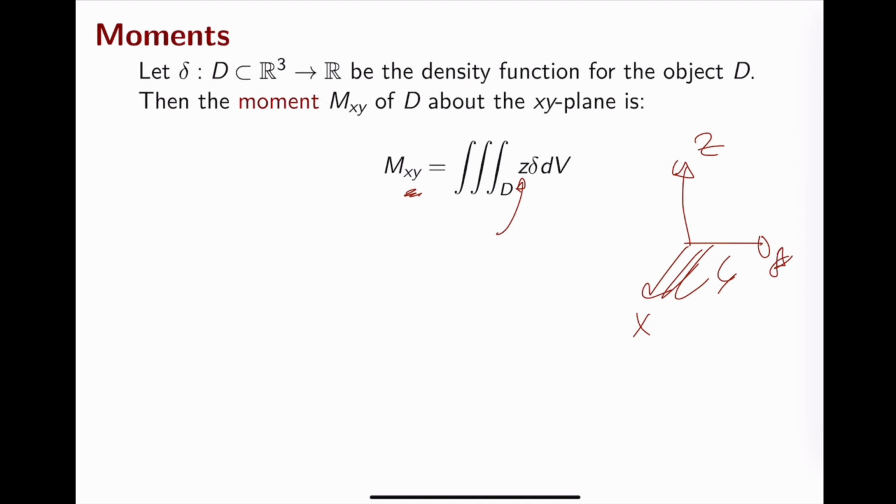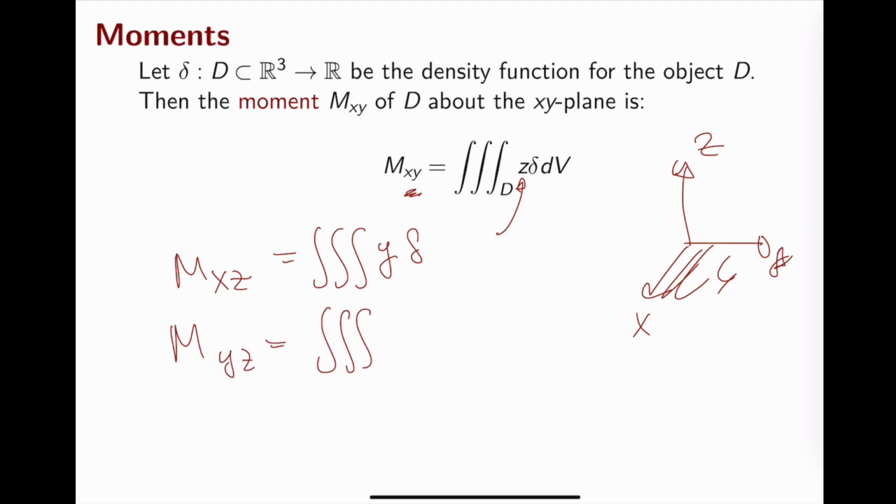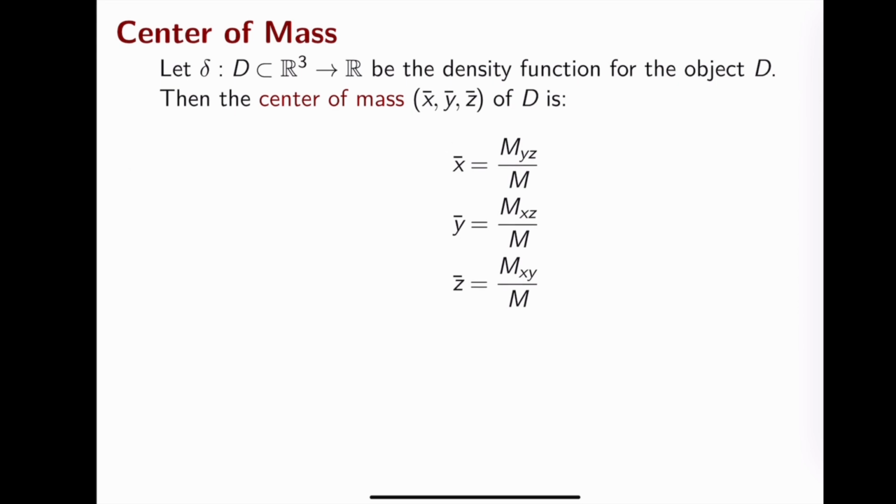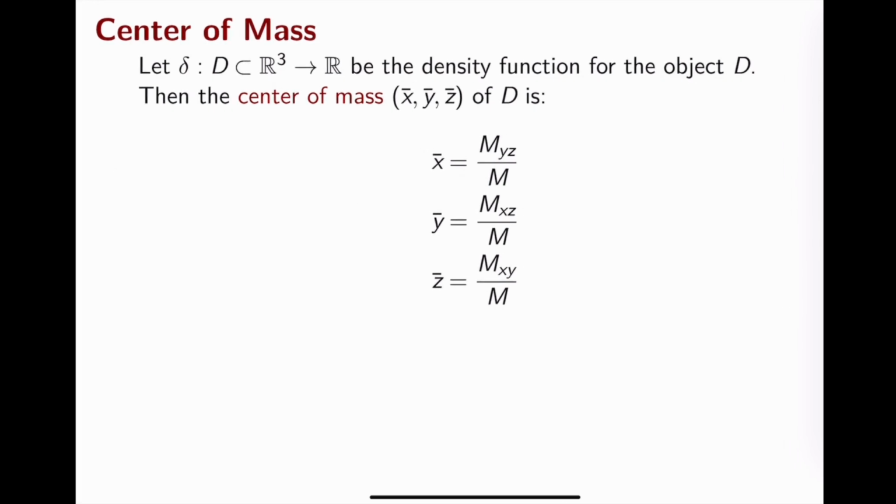And in the same way, we are going to calculate the moment xz, which is going to be the triple integral where we put y times the density. And the moment yz is going to be the triple integral where we put the other one, that in this case will be x times the density.